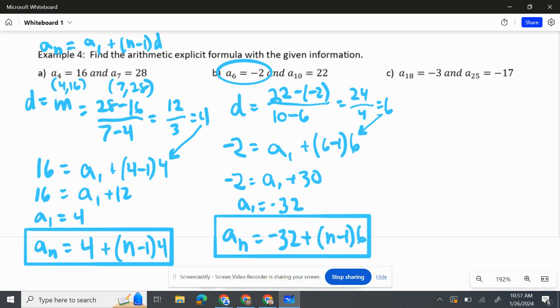So for our last one, once again, in order to find the common difference, it's really the slope: negative 17 minus negative 3, and then 25 minus 18. That right there gives me negative 14 over 7, which is negative 2.